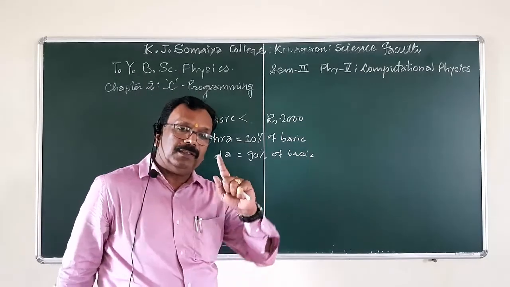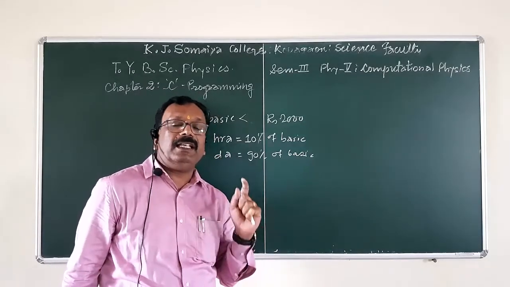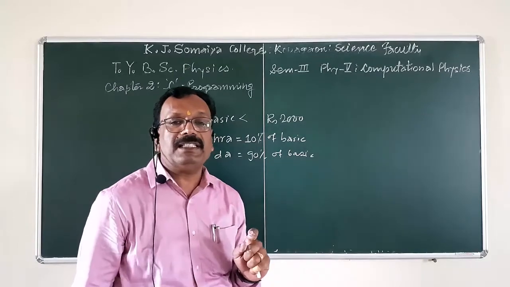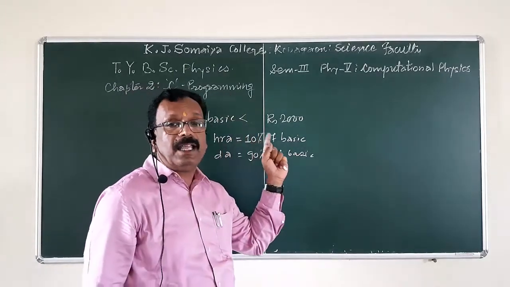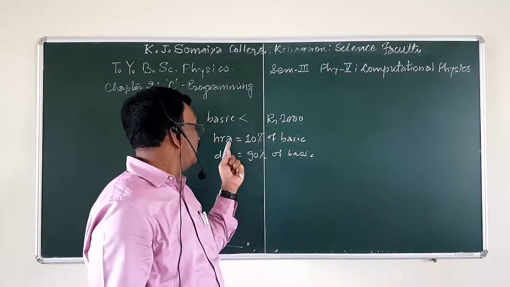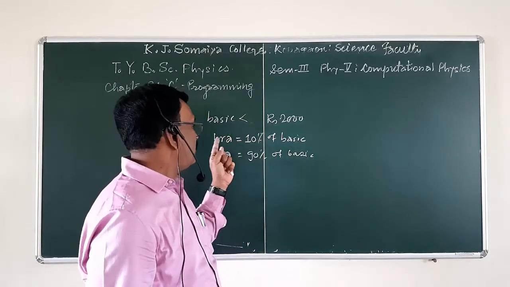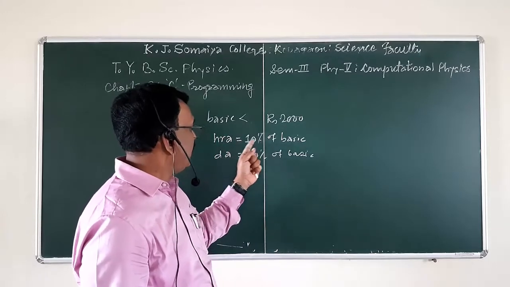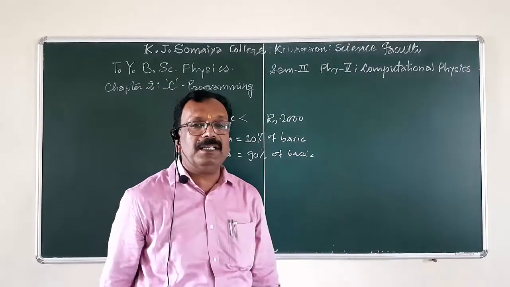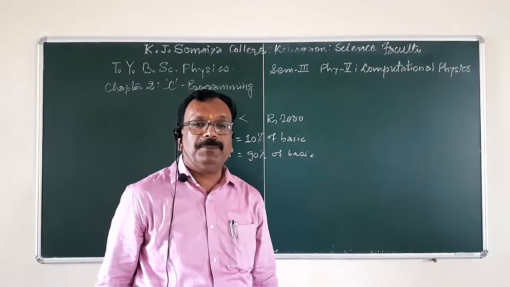I am going to repeat the problem once again. In a company, an employee is paid as a payment: if basic is less than rupees 2000, then the gross salary is nothing but basic plus HRA plus DA, and HRA is 10% of basic and DA is 90% of basic pay.